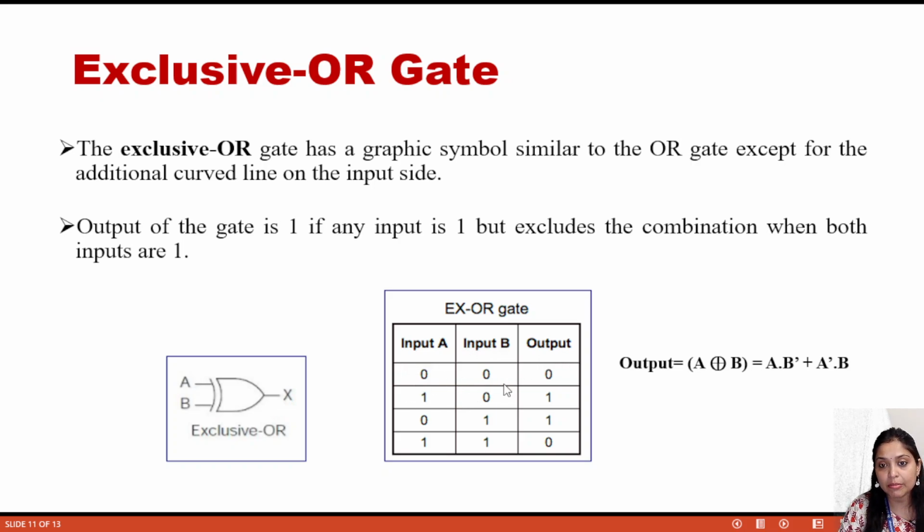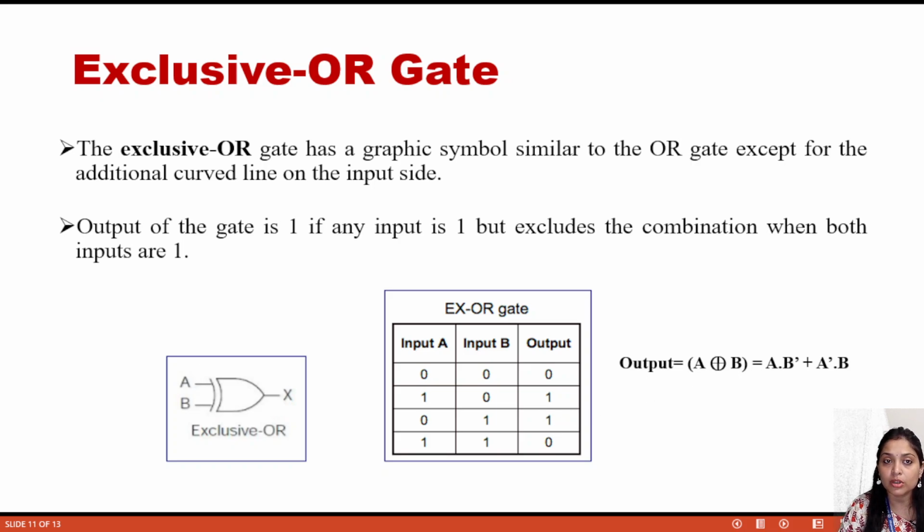We take the same combination, 0 0, 0 1, 1 0, 1 1. We can see that only when the two inputs are different, that means input A is 1 and input B is 0, or input A is 0 and input B is 1, then only the output goes high. Otherwise, in any combination the output goes low.